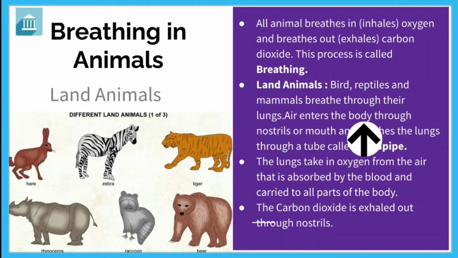Air enters the body through nostrils or mouth and reaches the lungs through a tube called windpipe. The lungs take in oxygen from the air that is absorbed by the blood and carried to all parts of the body. The carbon dioxide is exhaled out through nostrils.